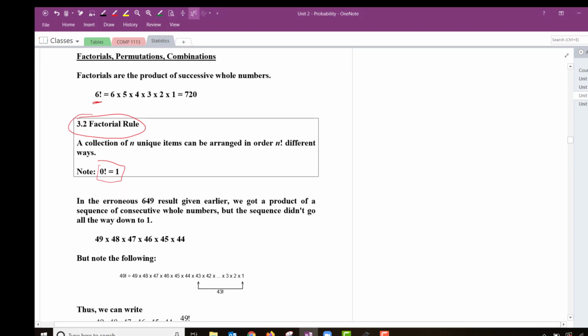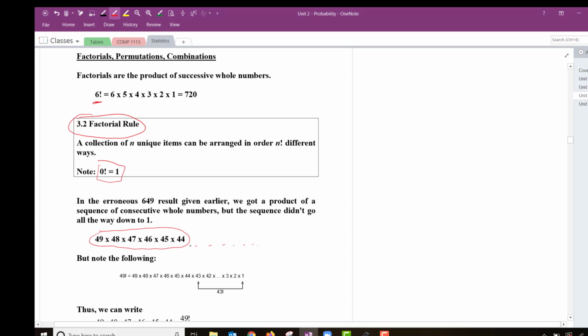So we might be able to come up with formulas for our 649 problem involving factorial. When we did the problem, we had 49, 48, 47, 46, 45, 44, all multiplied together. It looks like 49 factorial, but it's not quite because it doesn't keep going.